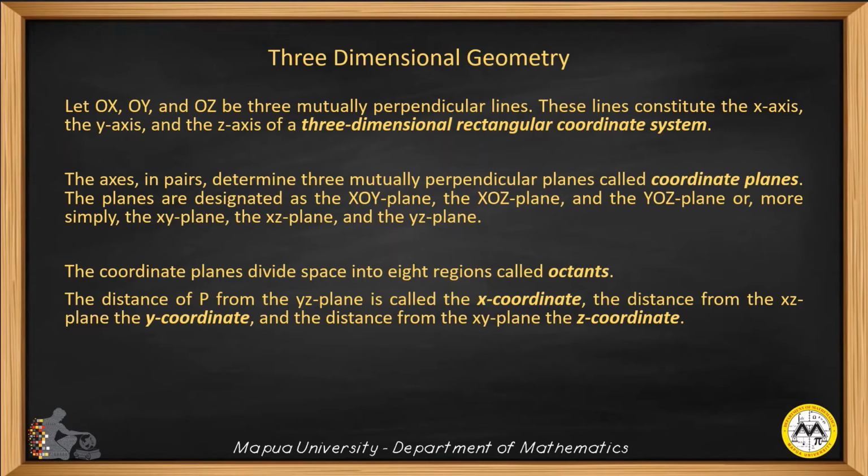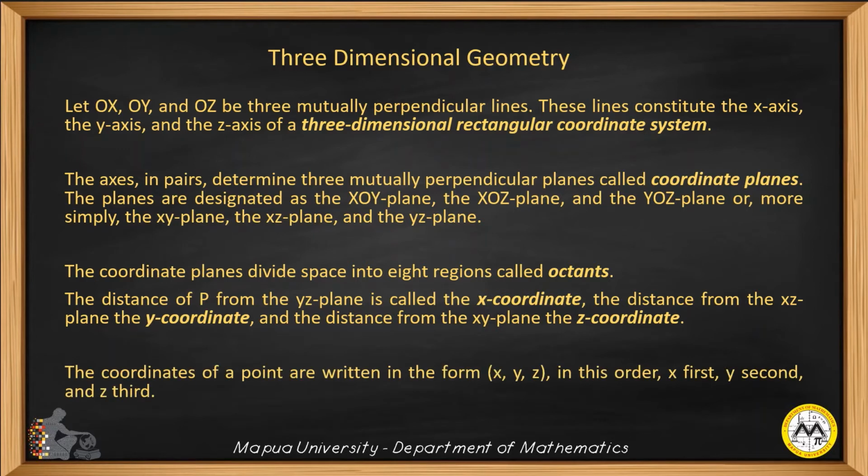The first number, the x coordinate, gives us the distance of the point from the yz plane, the second number, the y coordinate, gives us the distance of the point from the xz plane, and the third number, z, gives us the distance of the point from the xy plane. So the coordinates of a point in space are given in terms of the ordered triple of numbers (x, y, z).